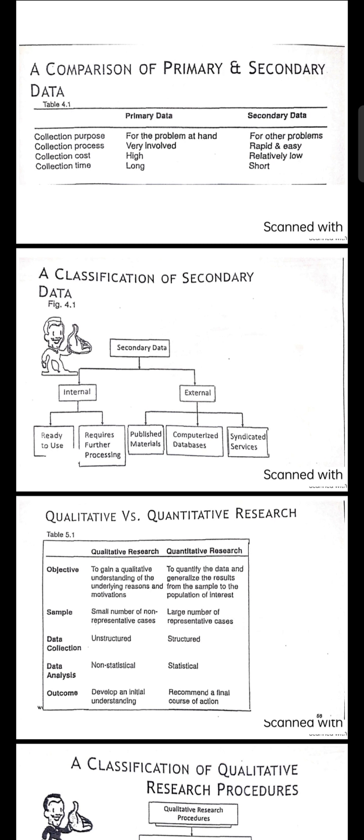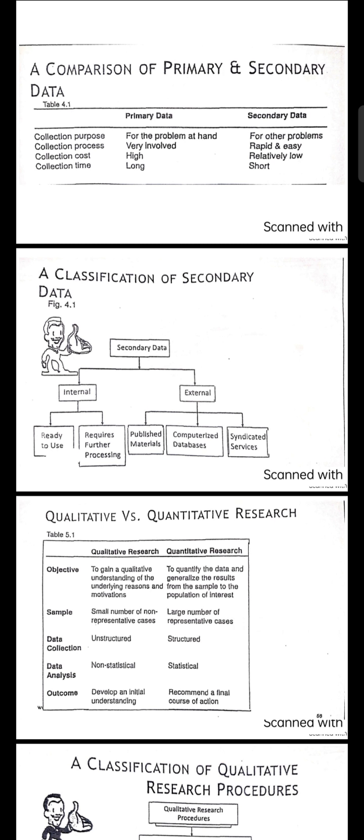Then the collection cost. Primary data is high cost because you need to collect the data by yourself. You are highly involved, so it may be costly. You will need to go and check by yourself. For secondary data, it may already be available in your office, the publication of the values and prices of transactions.